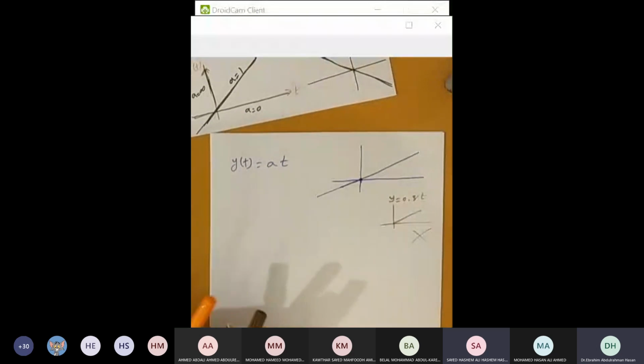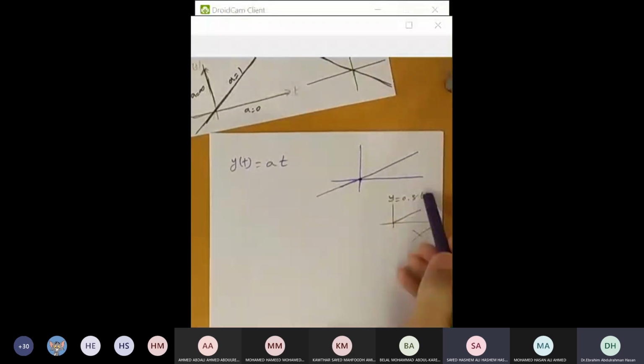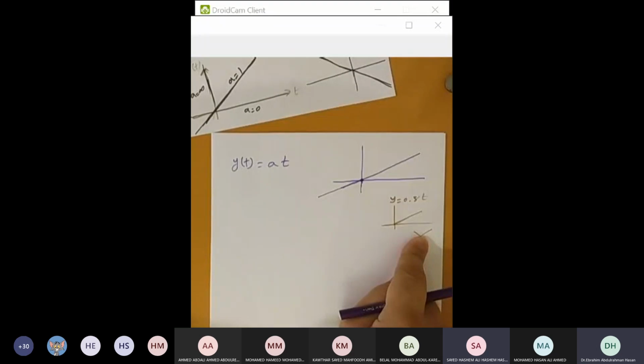If I say plot y equal to 0.8t, it should be from minus infinity to plus infinity. So the value of t is defined from minus infinity to plus infinity, then this is not correct.